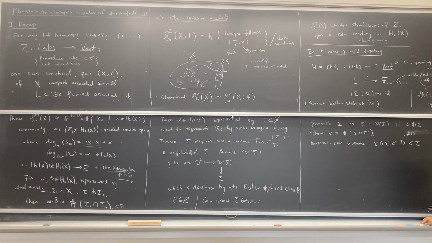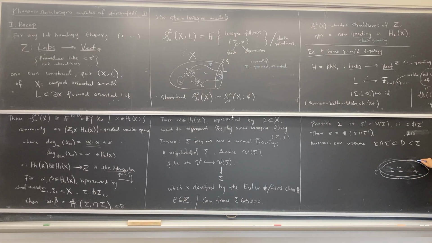So I'm going to draw a picture for this. It's a toy picture. You have your surface sigma here, and you try to perturb it a bit, and you can actually perturb it so that over most points in the surface, except a very small region, the perturbation is actually disjoint from my surface.